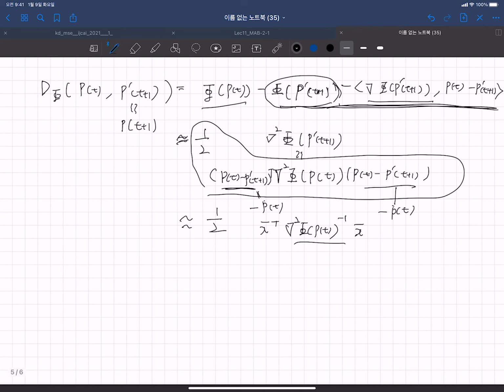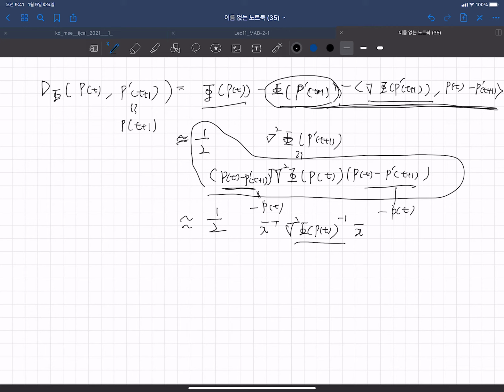So in the previous case, our update changed the p-value location with probability proportional to the inverse of the Hessian. So when the inverse Hessian is huge, then our update has many jumps in the sense of Bregman divergence.